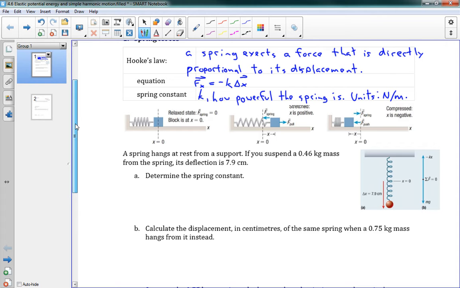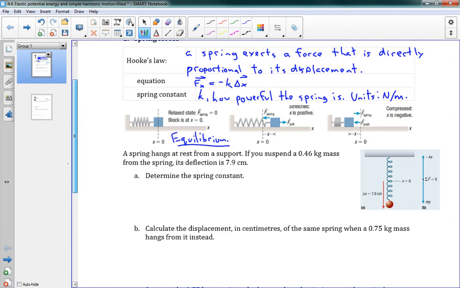Good. We have a picture here, just below, of a spring and sort of the motion it can have. The first picture on the left says relaxed state, our force is equal to 0, and the block is at x equals 0. We call that equilibrium. And then this second picture, you see we've stretched it.